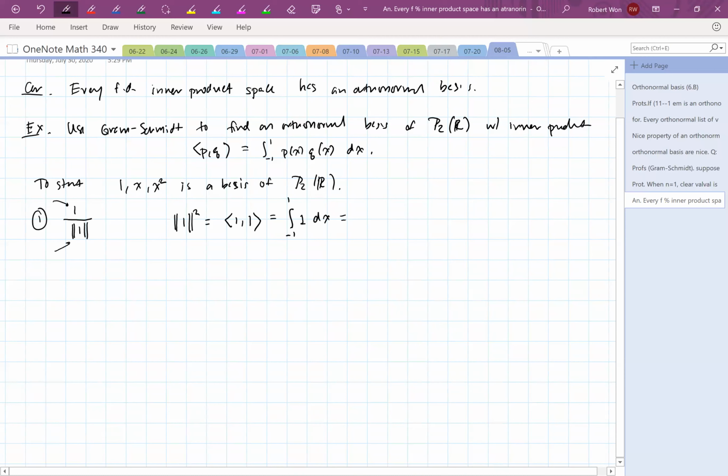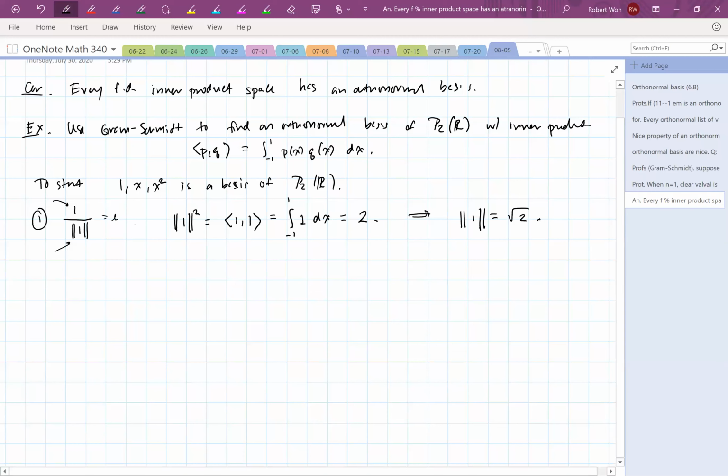I'm integrating the constant function 1 over an interval of length 2. This is just 2. So this means that the norm of 1 is actually the square root of 2. Show that to one of your normal human friends, and they'll think you're crazy, right? But we're not talking about the absolute value of the number 1. We're talking about the norm of the polynomial 1 with respect to this inner product.